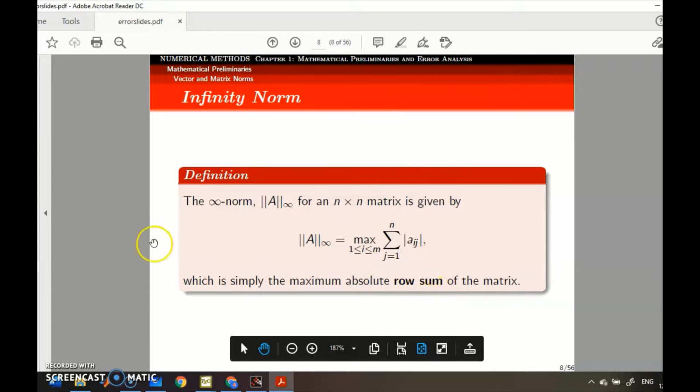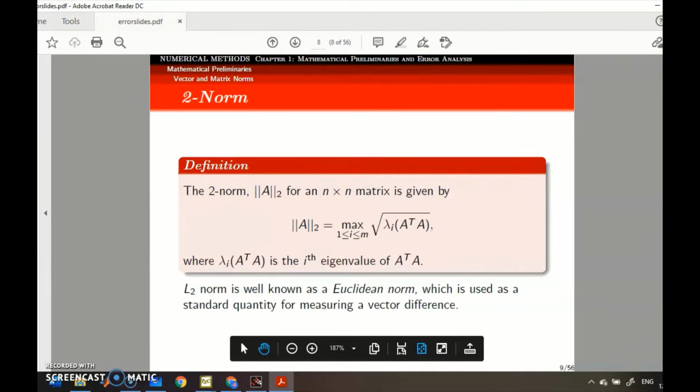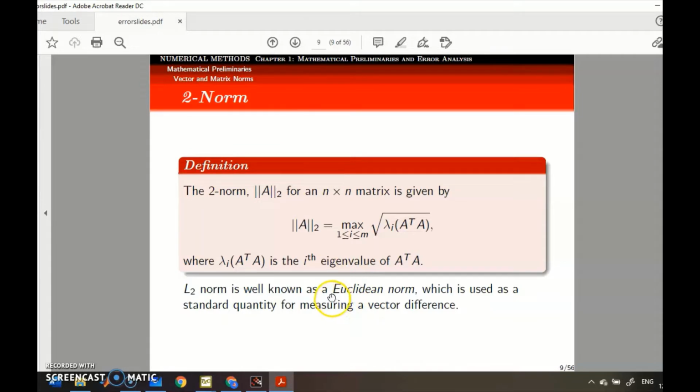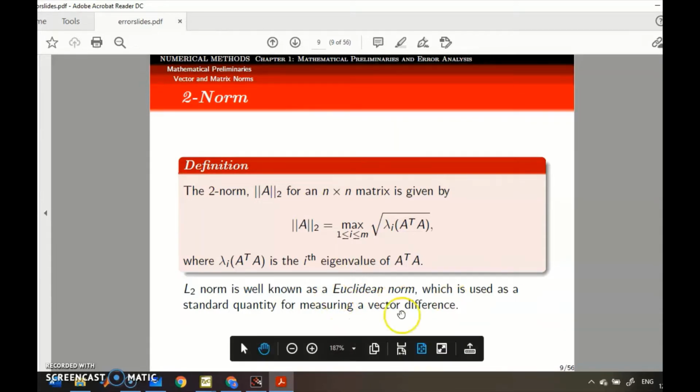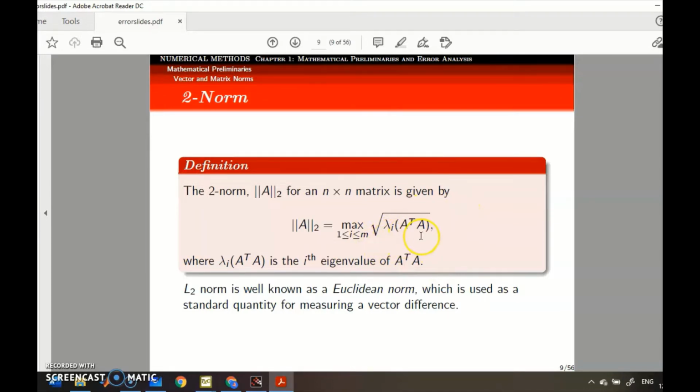The two norm is also known as the Euclidean norm, which is used as a standard quantity for measuring a vector difference. To get the two norm, you take the square root of the eigenvalue of A transpose multiplied with A and find the maximum of it.